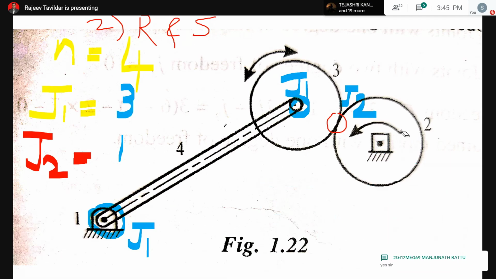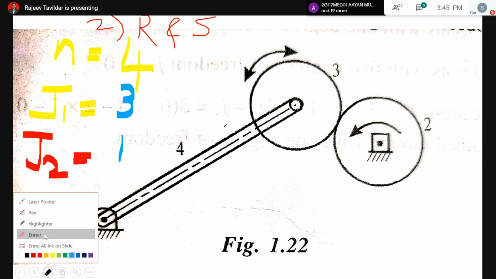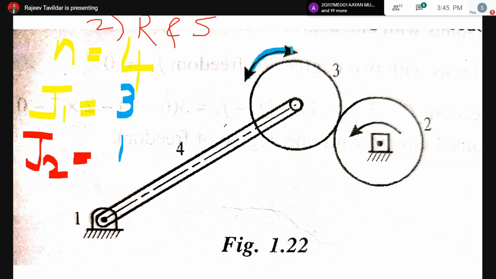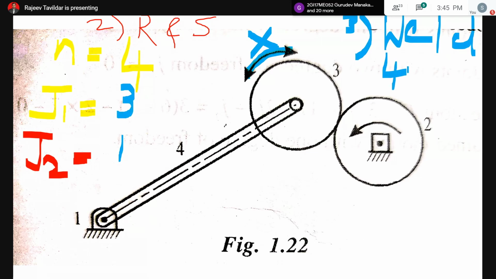You guys can take this as a small assignment. We'll assume that this arrow is not shown, and you consider the third case of welded. That means welding is taking place between 4 and 3.